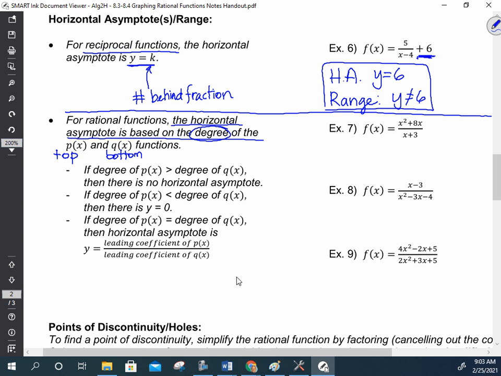Looking at 7, 8, and 9, a reminder: degree means biggest exponent.